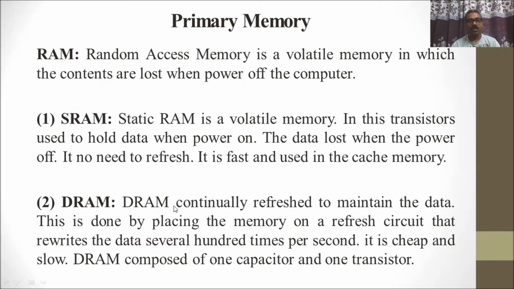DRAM. DRAM is dynamic RAM, continuously refreshed to maintain the data. This is done by placing the memory on a refresh circuit that rewrites the data several hundred times per second. It is cheap and slow. Dynamic RAM is composed of one capacitor and one transistor.